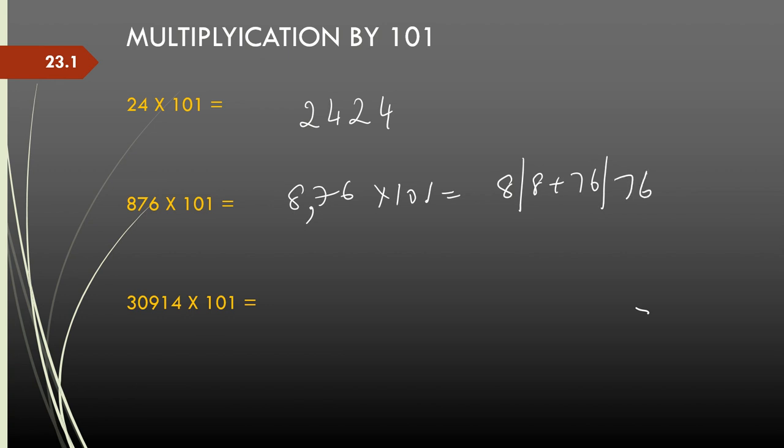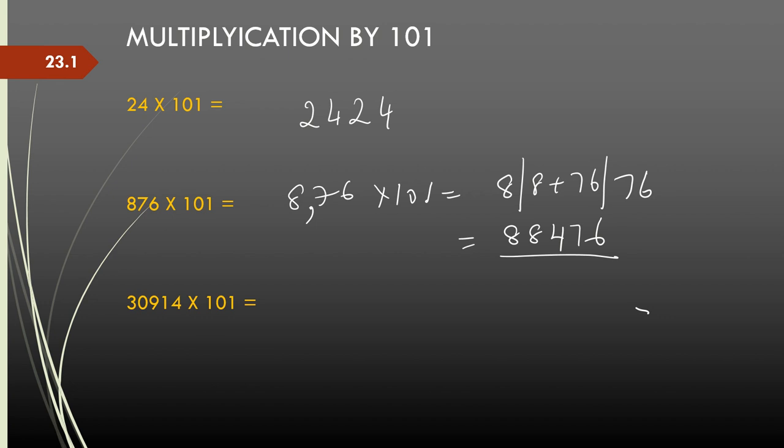So in a way it is very similar to the process of multiplying by 11. Each part will have 2 digits because we are multiplying by 101. So this is 8, 76 and 8 is 84, 76. So this is the product of 876 by 101.